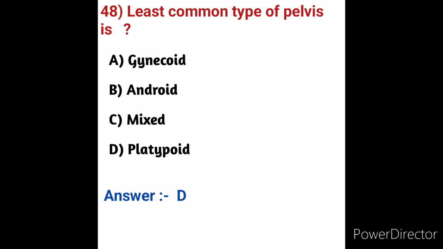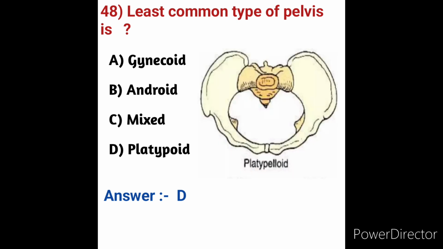It is the male pelvis, more robust and narrower, taller than the female pelvis. Option C, mixed pelvis, also called intermediate pelvis. Platypelloid pelvis is 5%, also called flat pelvis. Here the least common type is platypelloid pelvis. Option D is the correct answer. Here we can see in the picture the platypelloid pelvis.